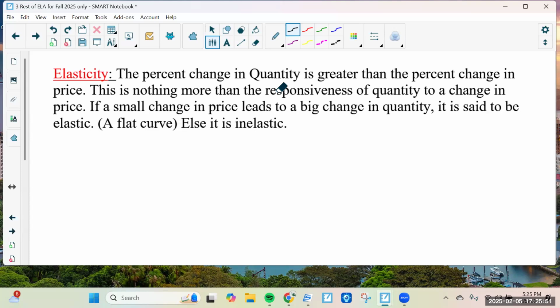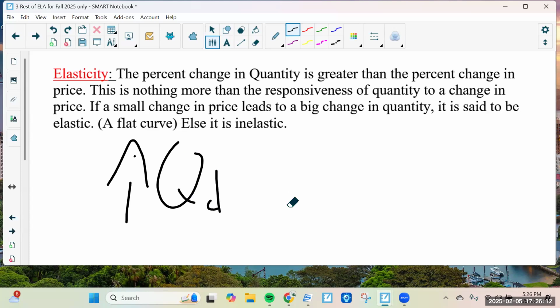And we're talking about consumers, so we're actually talking about elasticity of demand. In general, elasticity of demand is how much consumers respond, quantity wise, to a change in the price of the product.